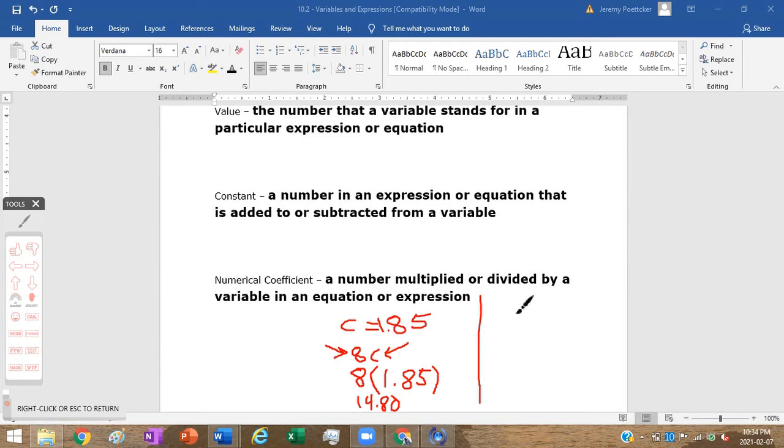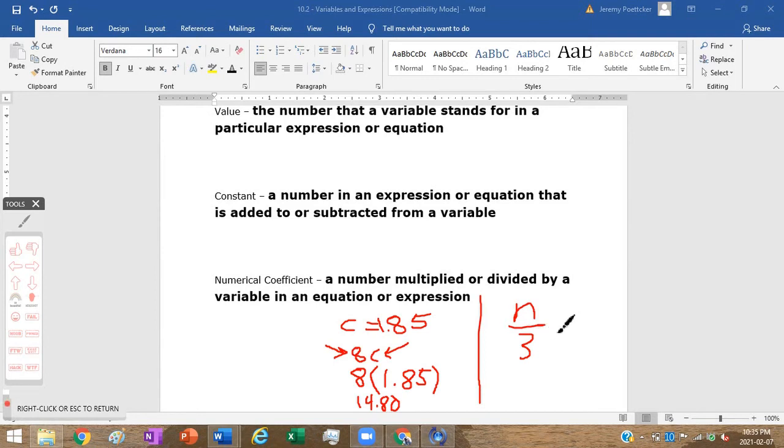Okay, as you move on, you're going to find out that we can say the numerical coefficient is 3, or we could look at this and say, well, the numerical coefficient here is actually 1/3. Okay, but at this point, I'm happy with either. So let's move on. Look at some examples.